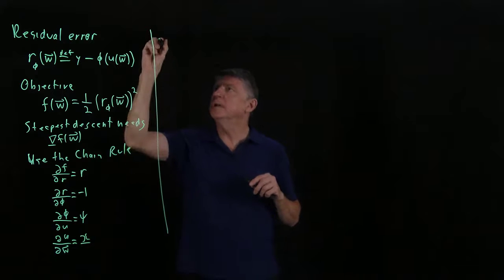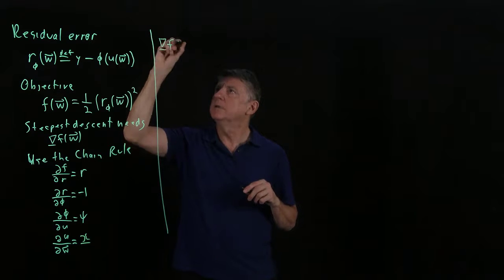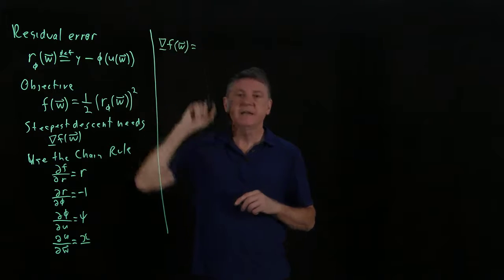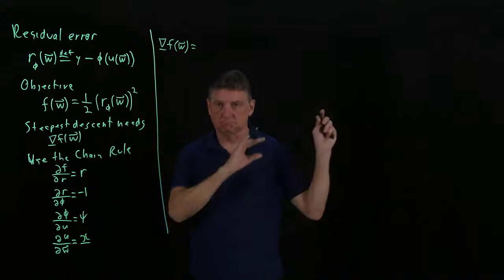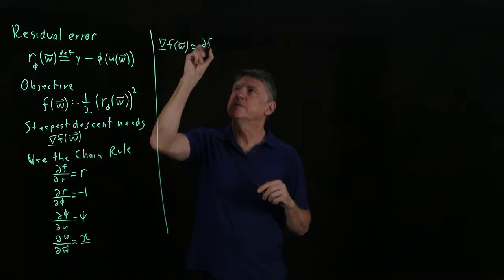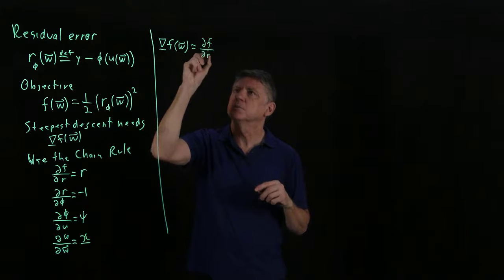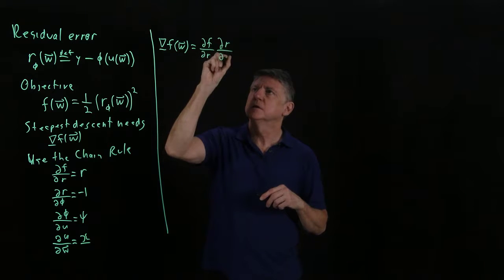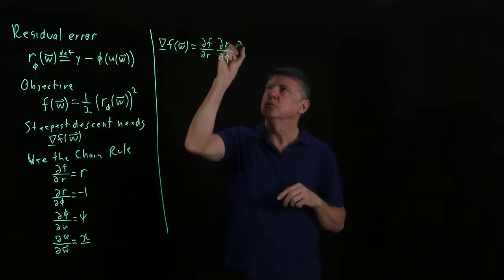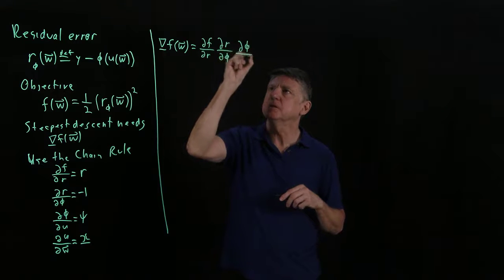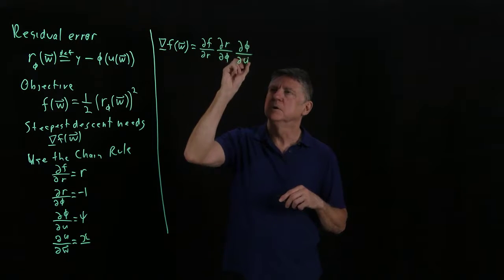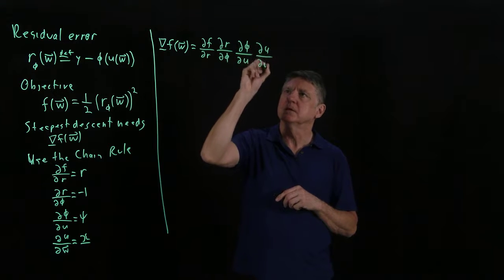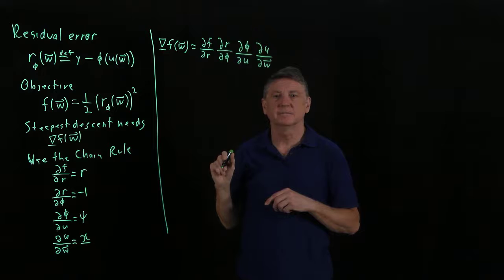And that means that the gradient 1 form of the objective is, and now we apply the chain rule, so that'll be the derivative of f with respect to the residual, derivative of the residual with respect to the activation function, derivative of the activation function with respect to the sum, derivative of the sum with respect to the weight vector.